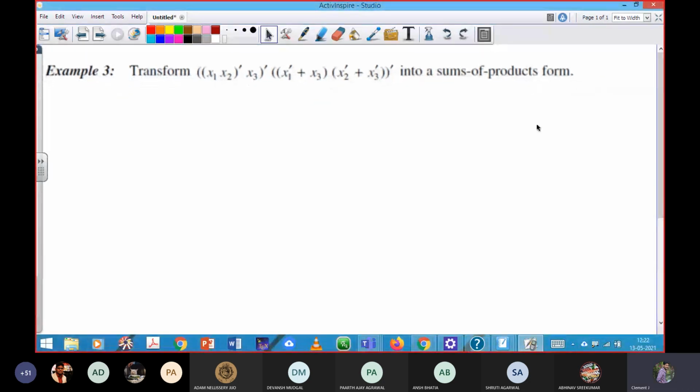Yes. So now the problem is like transform the given, actually this is called Boolean expressions.